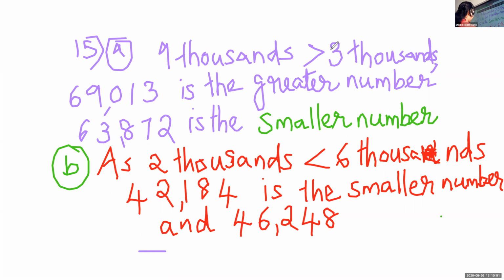How to read this number? Ameya, please read this number. Larger number, please unmute. Where is Ameya? Okay, Henry, please unmute and read this number. Which is the largest number, 46,248.